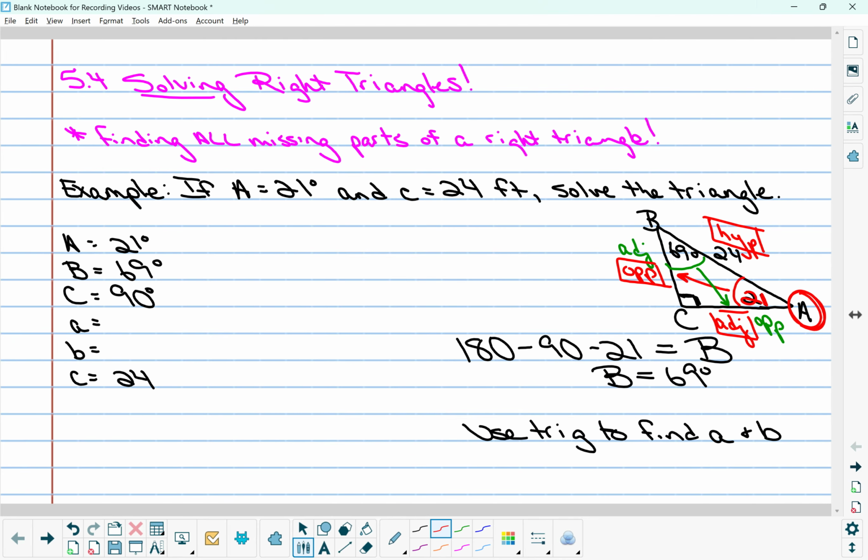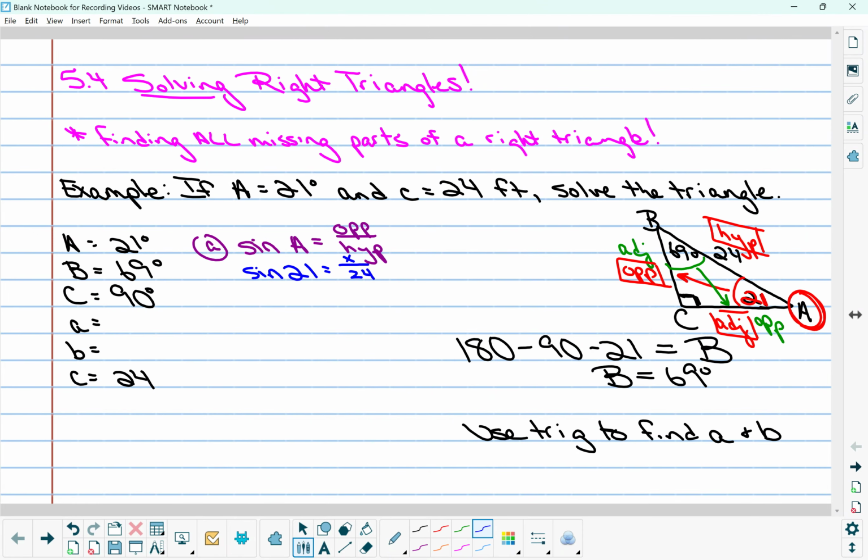Okay. So I am going to now say that I'm going to find side A. To find side A, I'm going to use my opposite and my hypotenuse. So that is my sine. So the sine of A is opposite over hypotenuse. And then if I fill that stuff in, I'm going to get the sine of 21 is, I don't know the opposite, but the hypotenuse is 24.